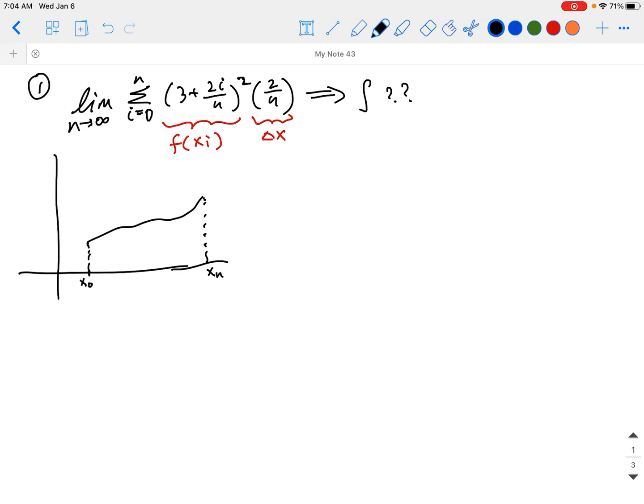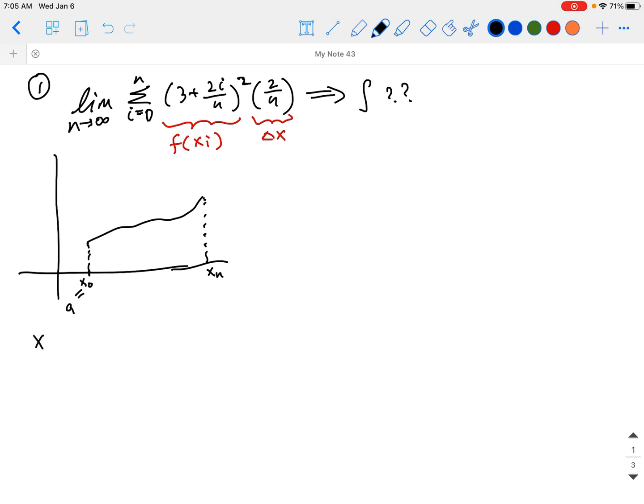Actually, we could do i equal to 0 in this case as a simpler representation using left endpoints. Okay, so that means that this is equal to our endpoint a.